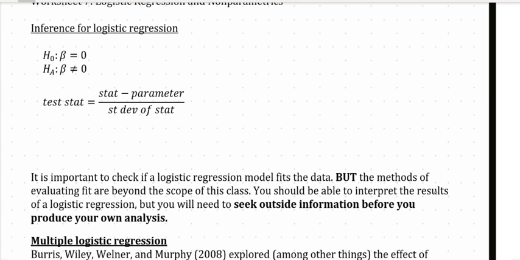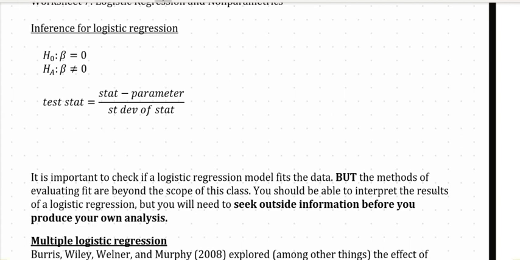Just like we saw for linear regression, we can also do inference. All this is going to do is tell us how strong the evidence is that a relationship exists. So our null hypothesis is that beta, again, that slope in heavy quotation marks, is 0 versus non-zero.